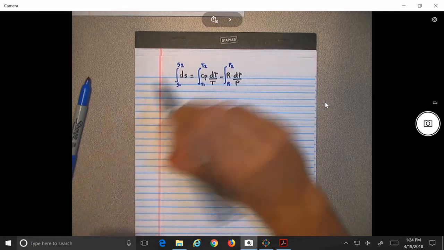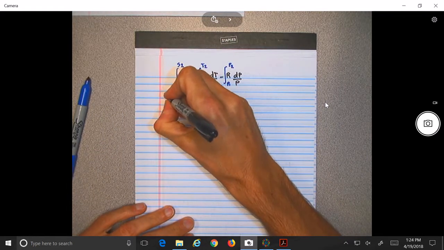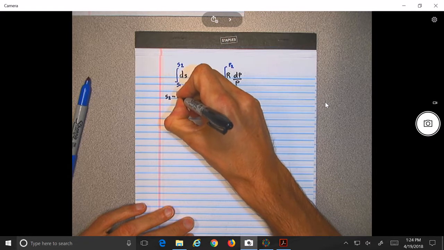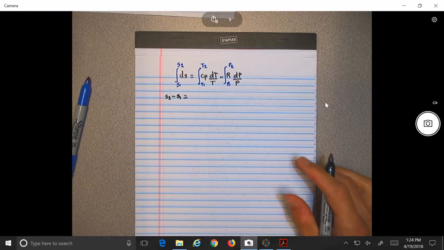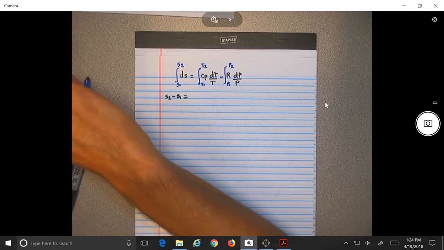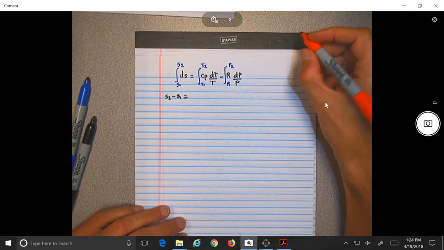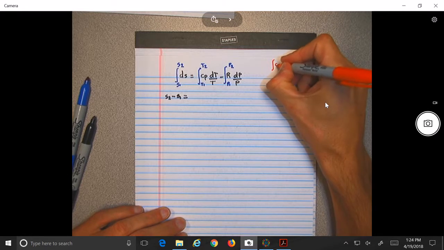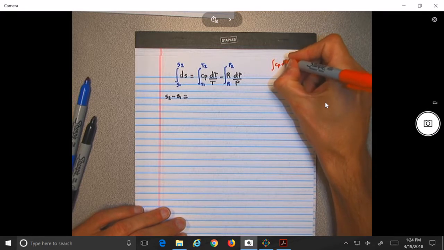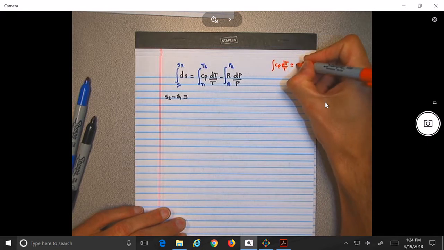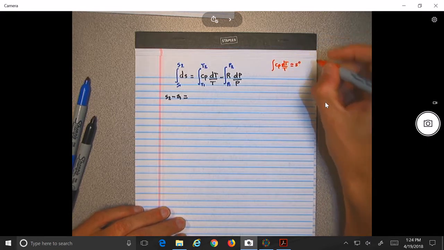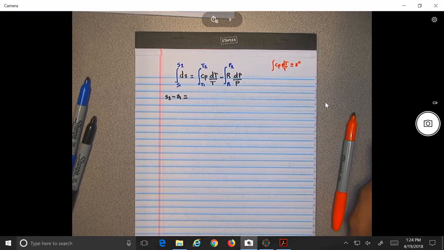The left hand side will become what? S2 minus S1. And now this is the part that is a little bit difficult. This one I will give you, okay? This is the only thing you need to remember, that this is basically equal to the S upper naught.